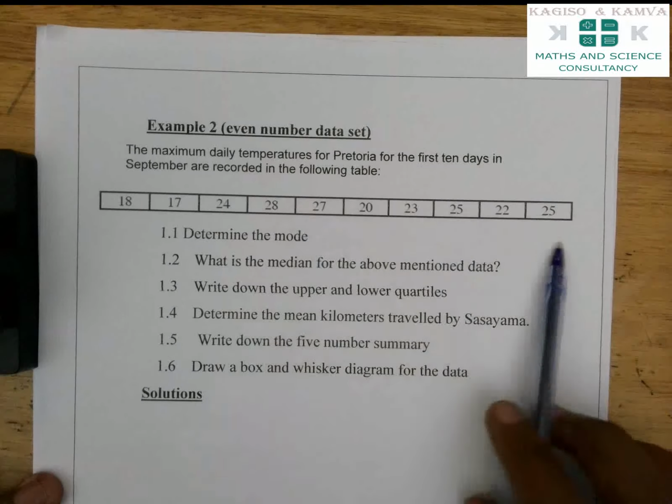The first value will be 17, and then the second one will be 18. We're looking for 19, 19 is not there. We are looking for 20, 20 is there. We're looking for 21, 21 is not there. We're looking for 22, 22 is there.